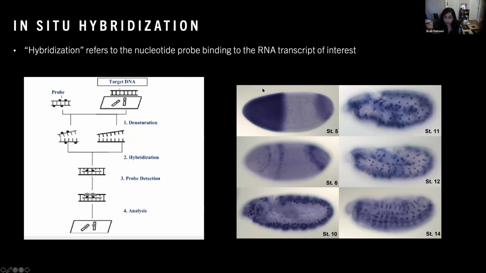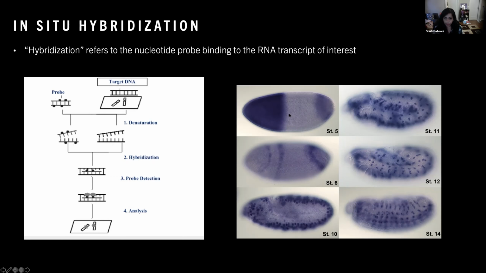And this is a really cool picture that I wanted to show because this is very similar to that schematic I showed earlier of the Drosophila domains of gene expression. This is the domains of expression of a single gene, the hunchback gene, at different time points in the Drosophila embryo.